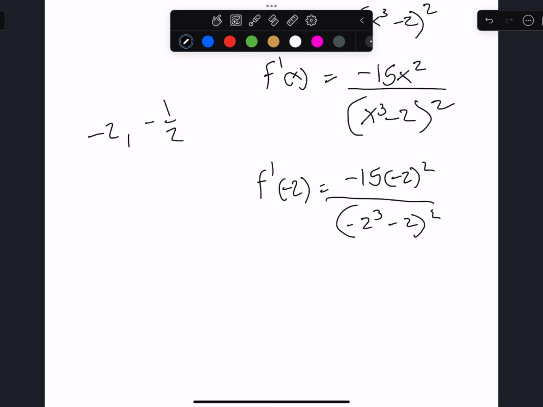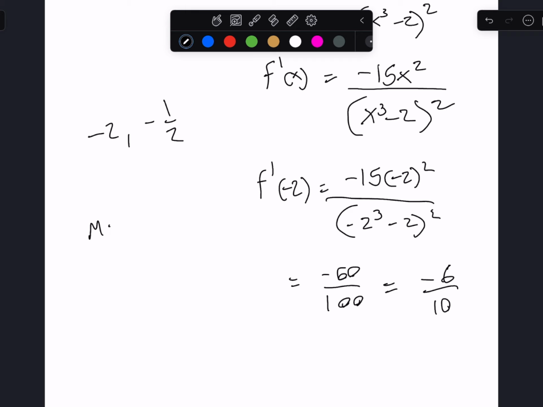If we input this into our calculators and do a little algebra, we receive negative 60 over 100, or negative 6 over 10.